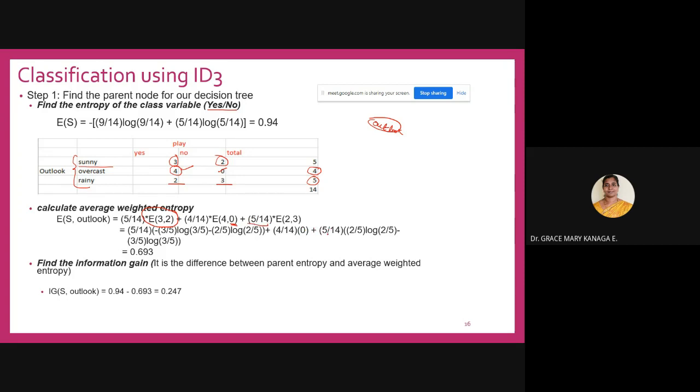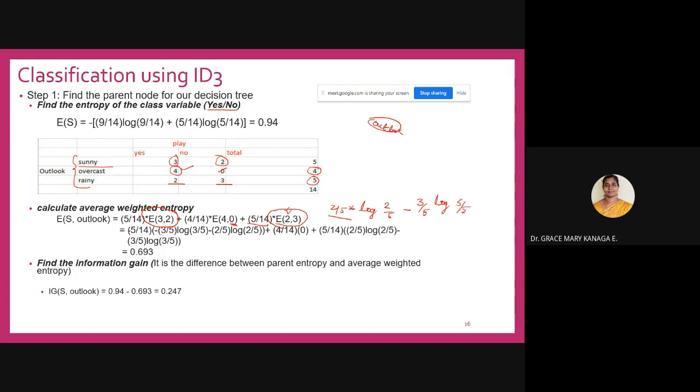So 5 by 14 into the entropy for rainy: 2 by 5 into log of 2 by 5, minus 3 by 5 into log of 3 by 5.